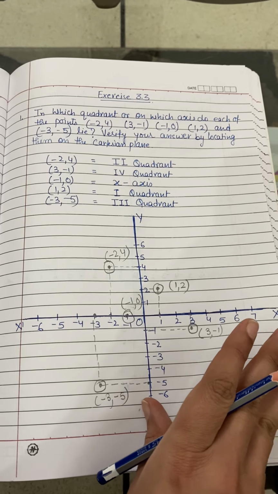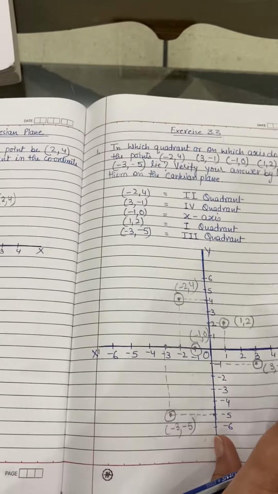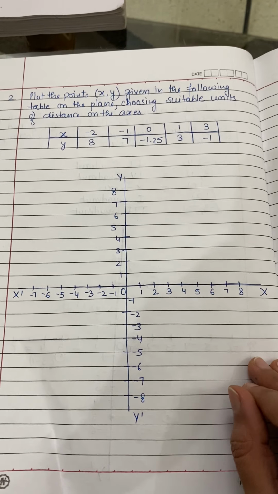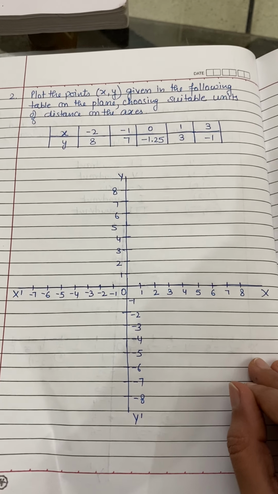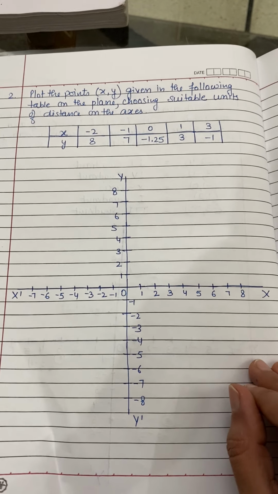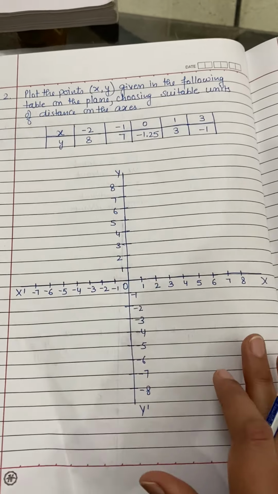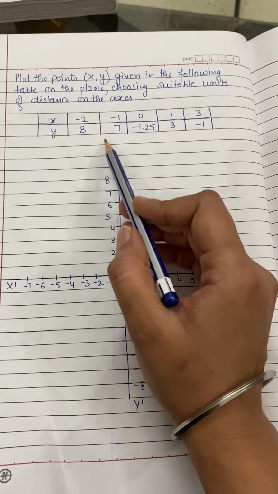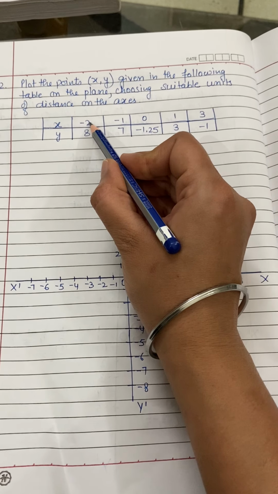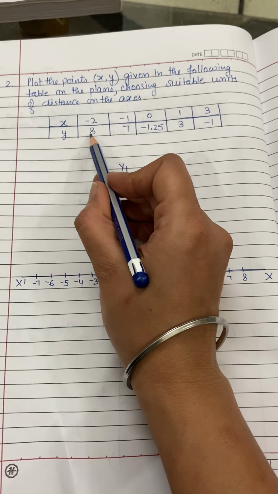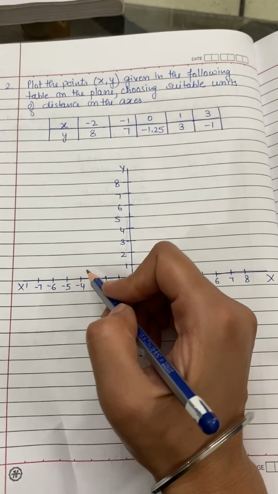In the next question, question number 2, we have to plot the points x, y given in the following table on the plane, choosing suitable units of distance on the axis. As we have already drawn the Cartesian plane, now we accordingly plot the points. The very first point is x is -2 and y is 8. As x is negative and y is positive, it lies in the second quadrant.